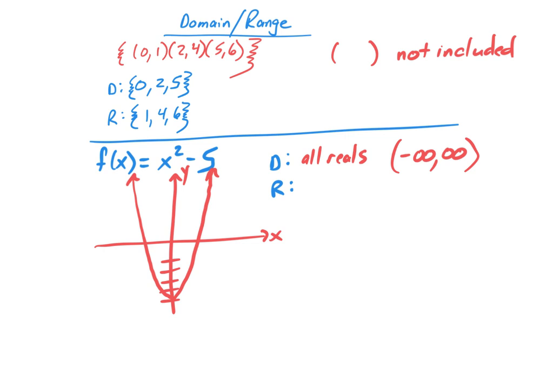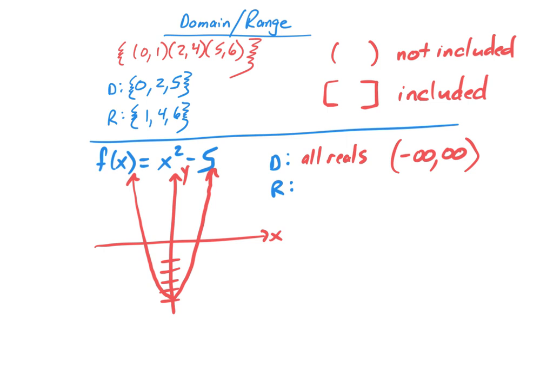If we have a number where it stops, then the symbol that we're going to use is a bracket. And that means we're going to include that number. It's going to stop at that number. So in this case, my range goes up and down. It's my y values. This graph does not go up and down forever in both directions, right?